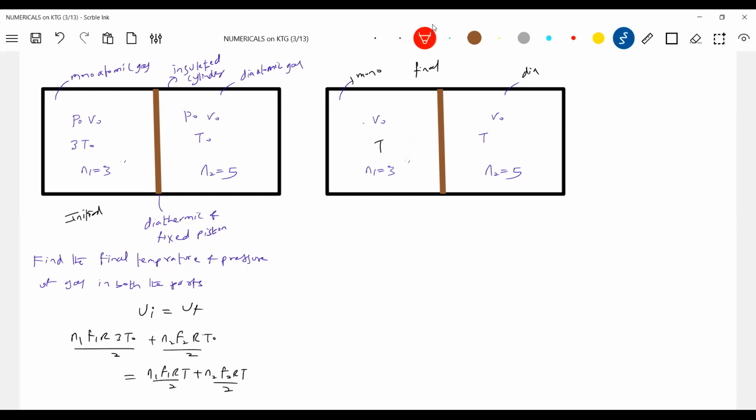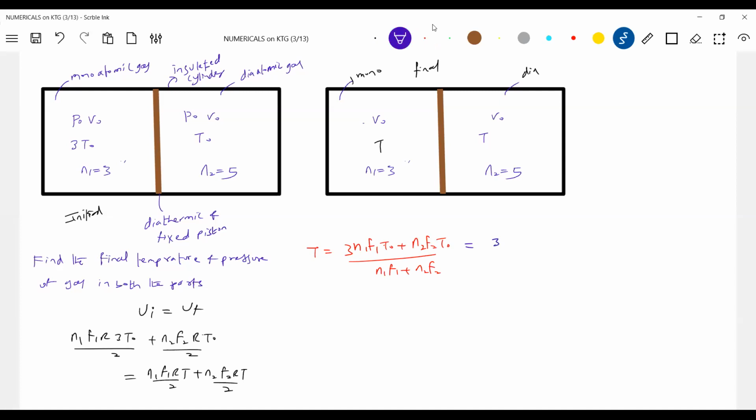So let's solve for T. T is equal to (3 N1 f1 T naught plus N2 f2 T naught) divided by (N1 f1 plus N2 f2).